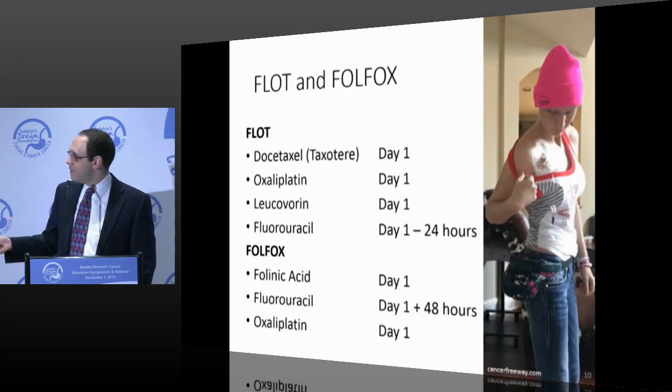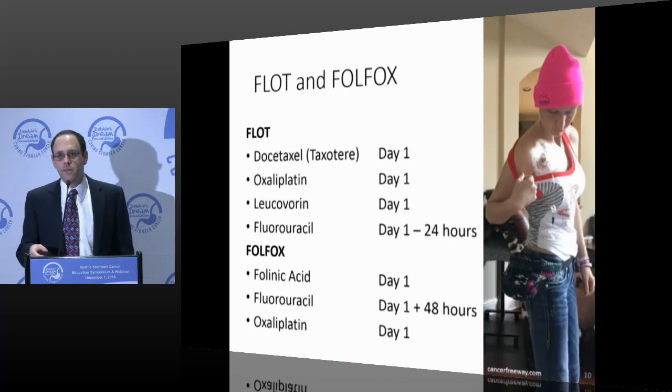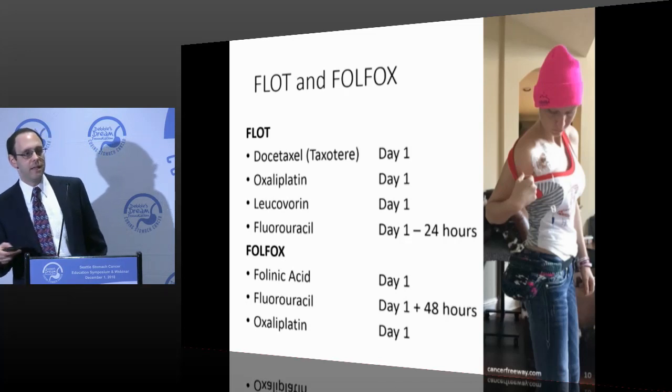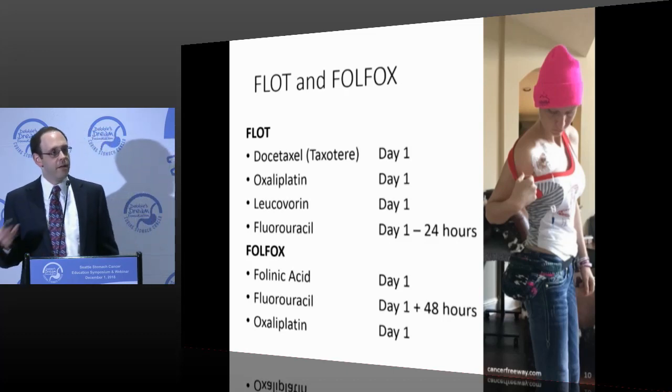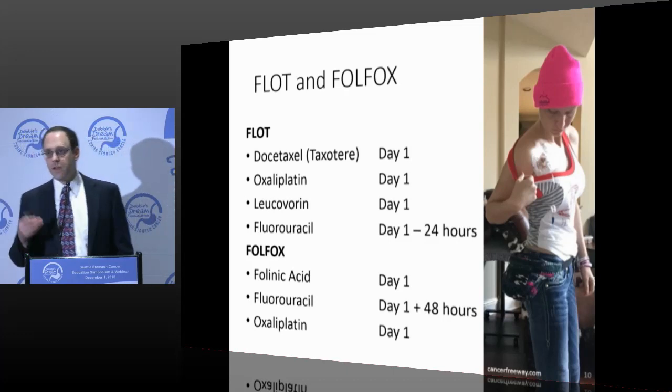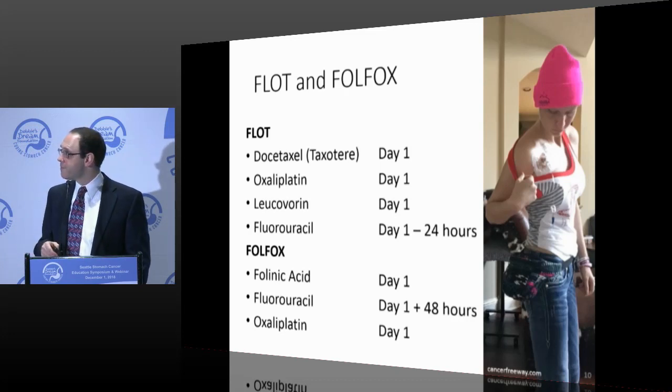If anyone's going to actually get me, this actually should be 46 hours. I typed it in wrong, but it's about 2 days. So people get the chemotherapy, they come in on, we'll say, a Wednesday, they get the drugs for several hours in clinic, and then 1 to 2 days they're wearing this pump, and then you come back about 2 weeks later. So every other Wednesday would be the starting of cycles.